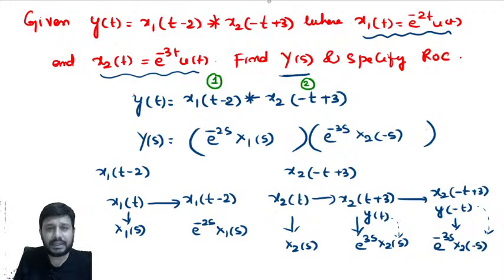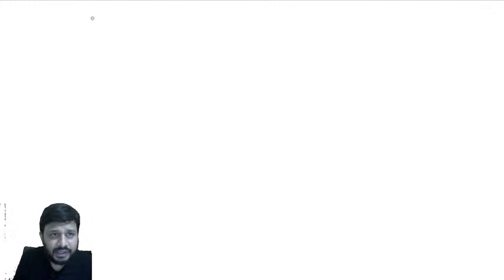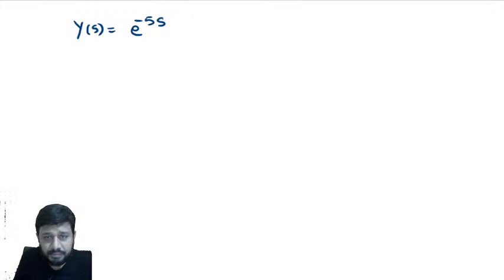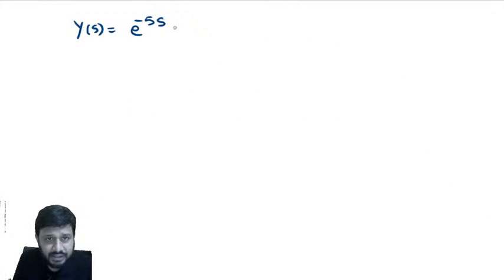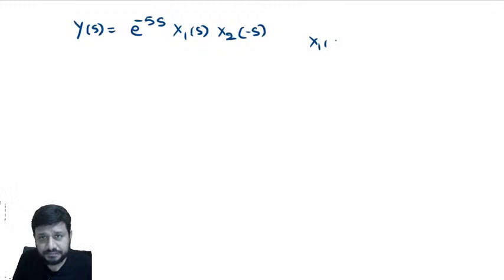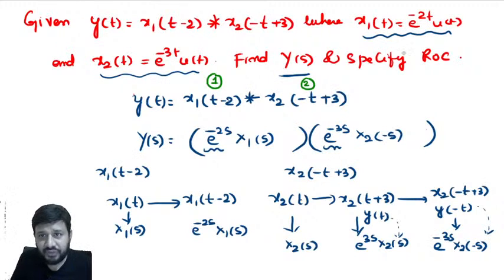So overall, the Laplace transform Y of s became e power minus 5s, because here e power minus 2s, here e power minus 3s. So e power minus 5s multiplied with X1 of s multiplied with X2 of minus s. What is X1 of s? x1 of t is e power minus 2t u of t, no?